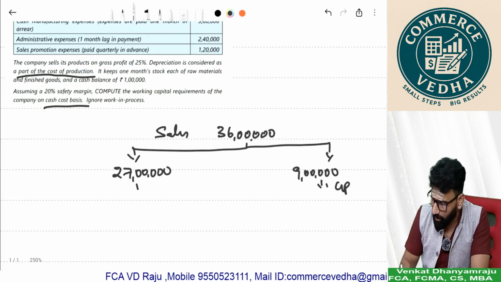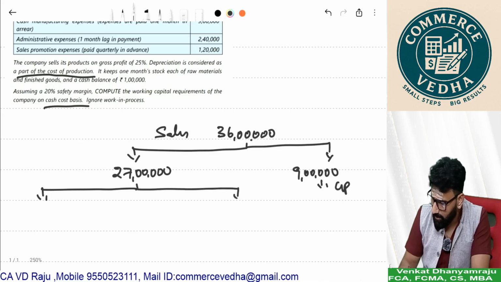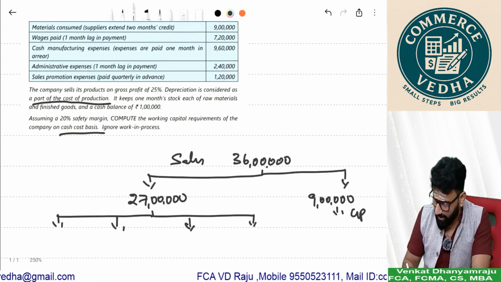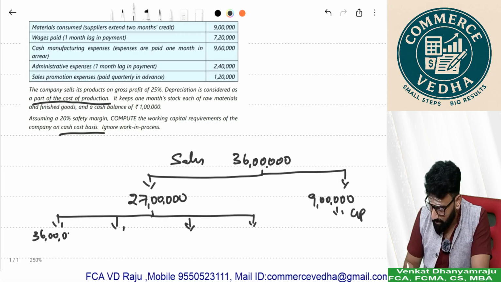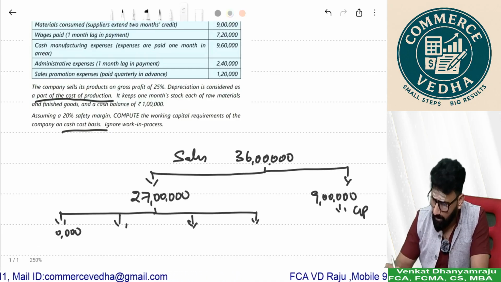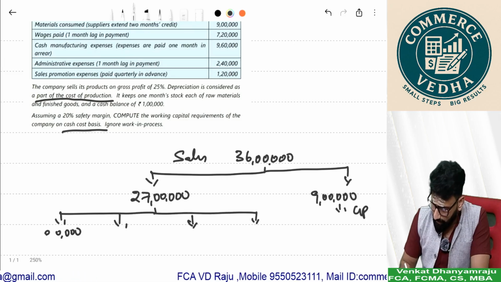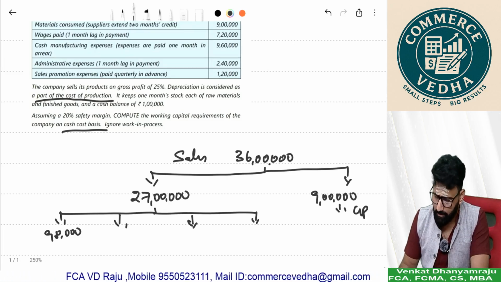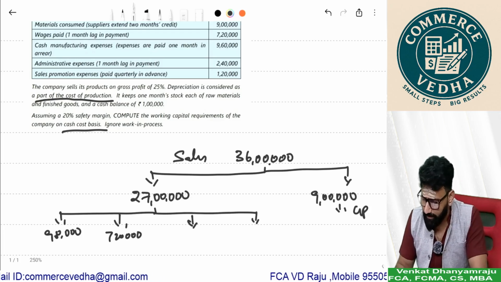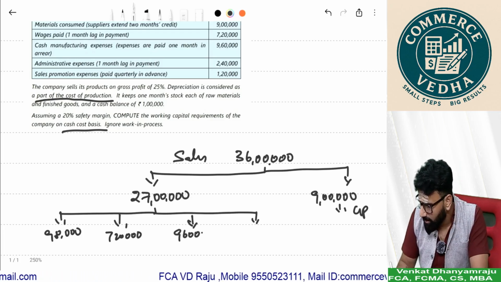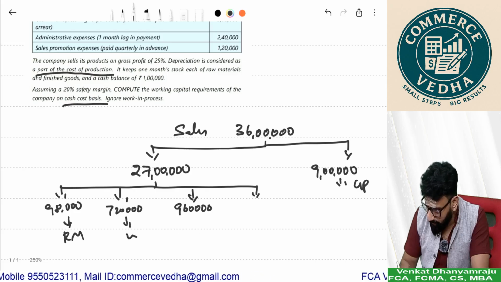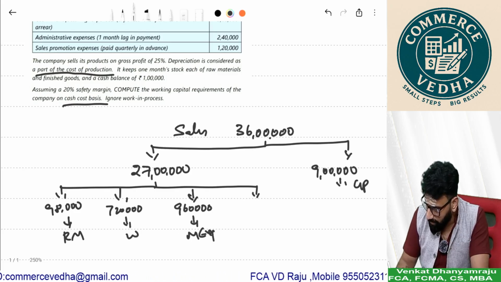My cost of production includes various things: material consumed 9 lakhs, wages 720, and cash manufacturing expenses 960. So I can say here: raw materials, wages, manufacturing expenses in cash.